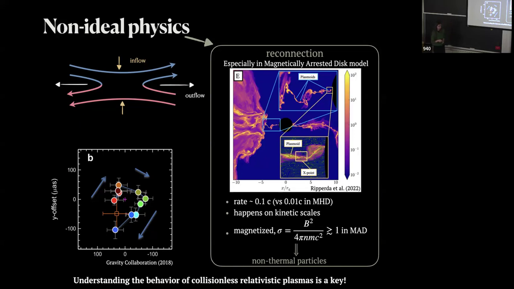So it happens close to the black hole and leads to non-thermal particle acceleration. So yes, understanding the behavior of collisionless plasma is a key component to understanding, for example, the variability of the sources, as the reconnection controls the time for the magnetic flux to escape the event horizon, and also it helps to accelerate particles.